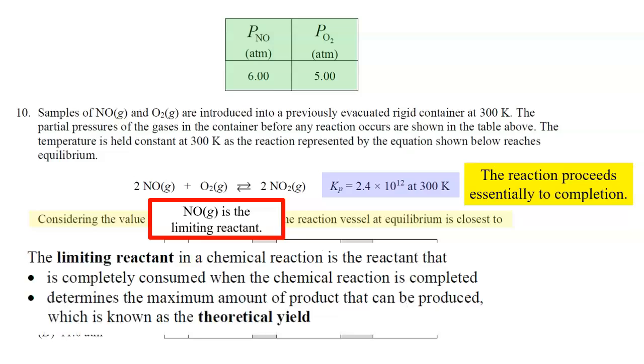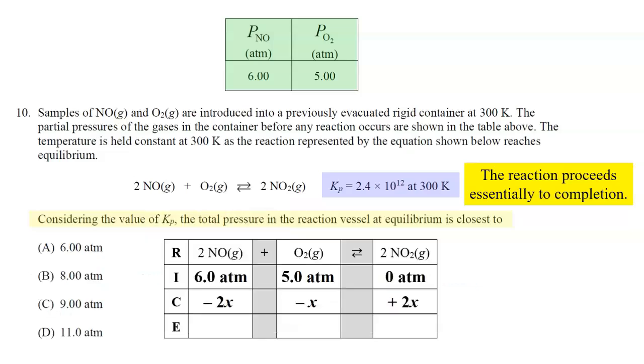Just to remind you that the limiting reactant in a chemical reaction is the reactant that is completely consumed when the chemical reaction is completed and would determine the theoretical yield. So if I know that nitrogen monoxide is the limiting reactant, then its partial pressure will go down to essentially 0, or a very, very small number at equilibrium. And then based on that 2 to 1 ratio, the change in nitrogen monoxide is going to be twice as much as the change in oxygen.